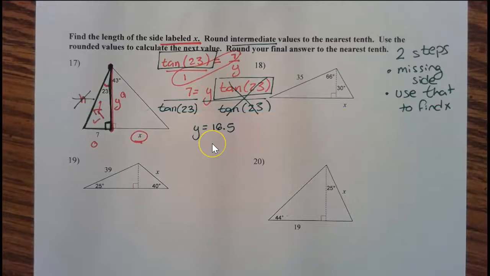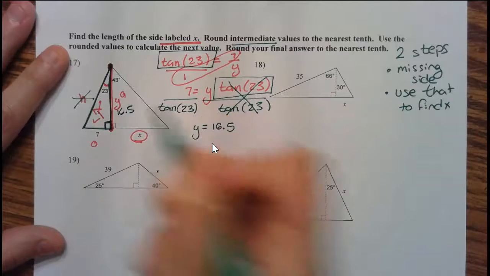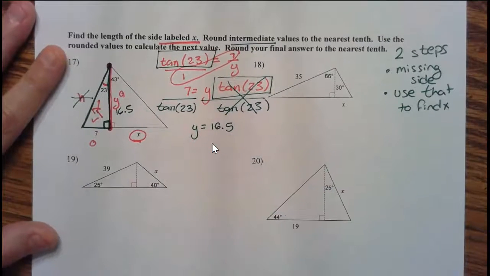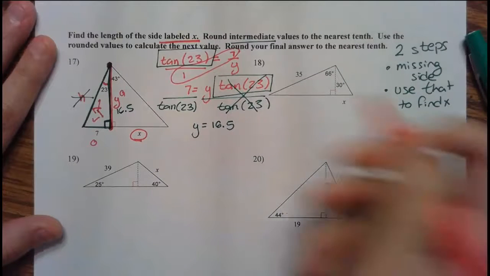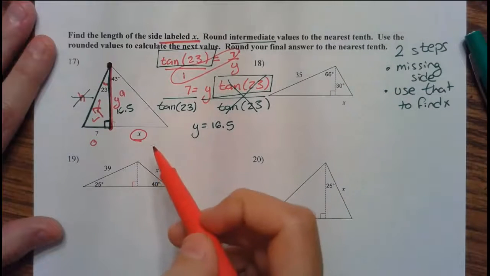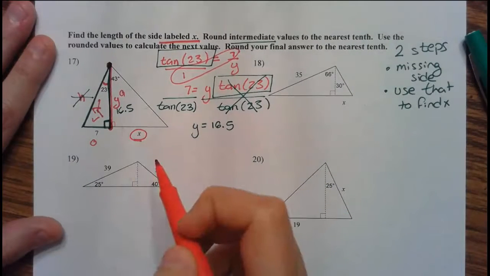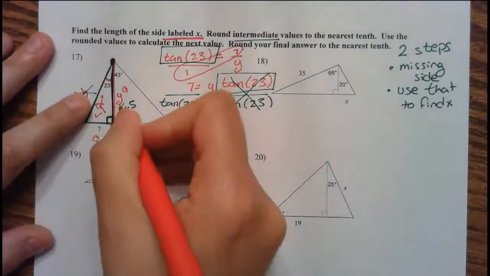Okay? So now we have this side. And we can use that to figure out x. So when it says this, we just found the missing side, and we are going to use that to actually find x. So we finished step 1 here, we got to do step 2. So I'm going to plug this in. I've got it already in there.